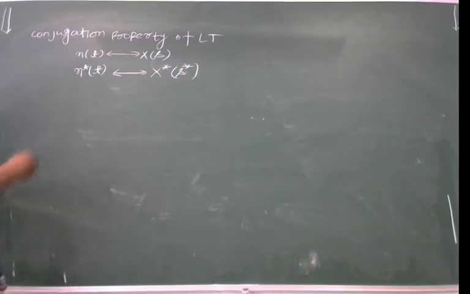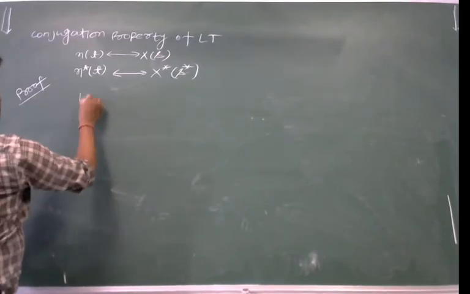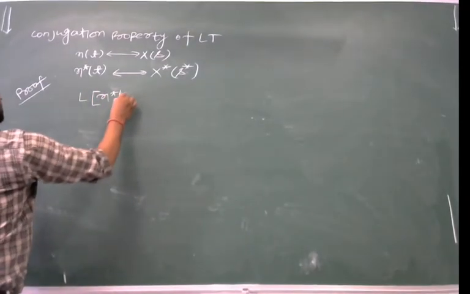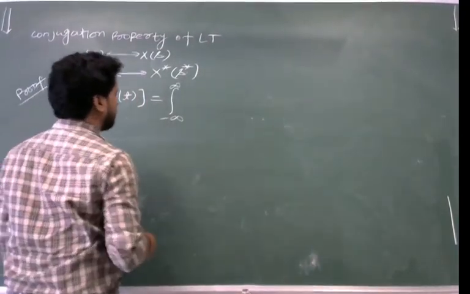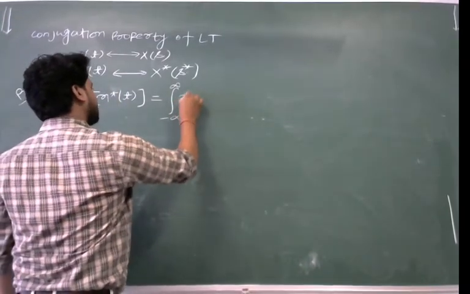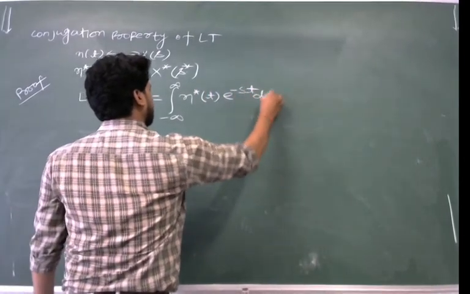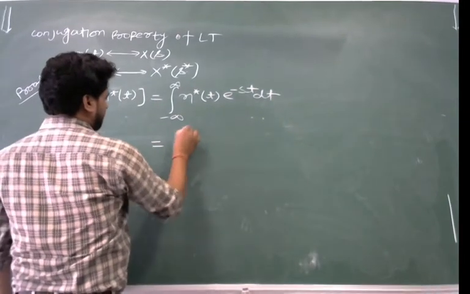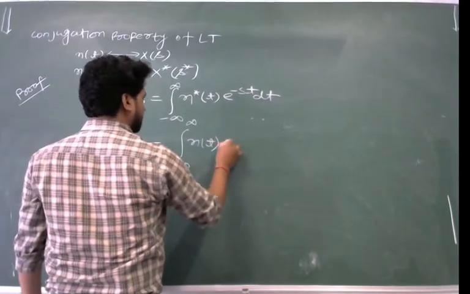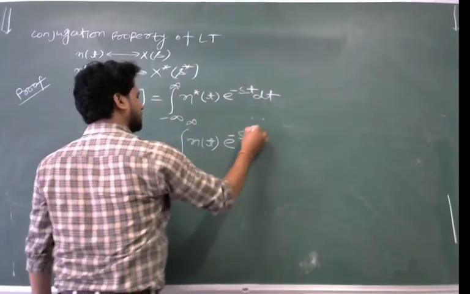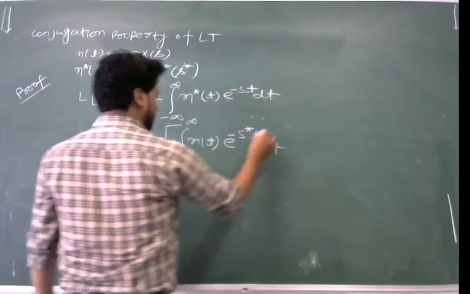We can prove this property. We know that the Laplace transform of x conjugate t will be equal to the integration from minus infinity to plus infinity of x conjugate t into e power minus st dt, or this can be written as the integral of x(t) e power minus s conjugate t dt, taking the whole conjugate.